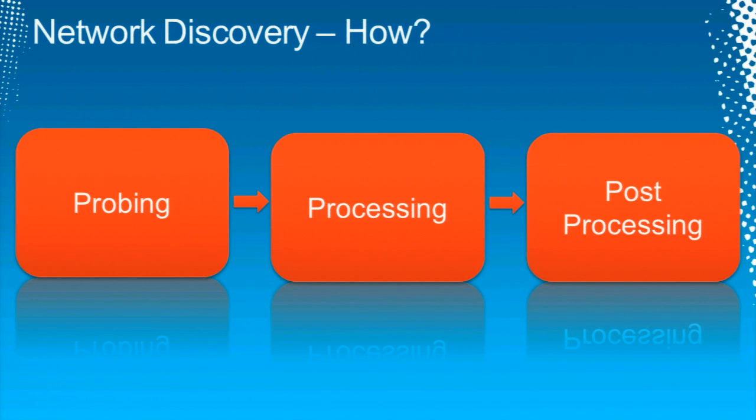We'll see the number of interfaces, we'll see the main elements on that switch. We will get that discovered and get that into our system so we can monitor it. And then the third part is the post-processing, where we'll do the port stitching, where we'll do the VLAN membership, the HSRP groups, and so forth.